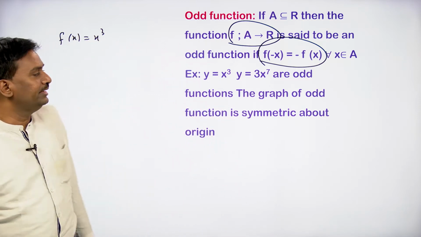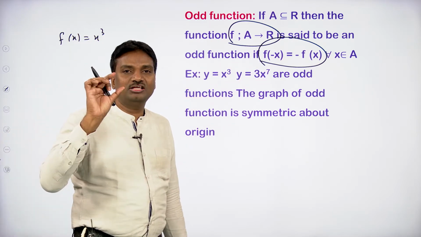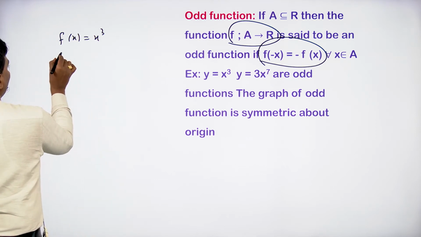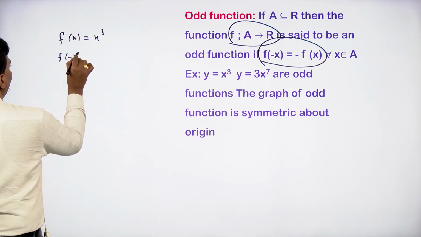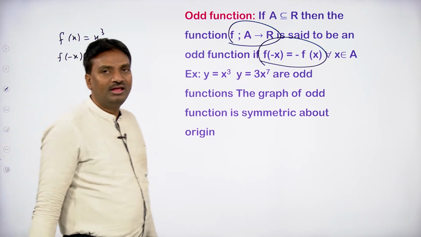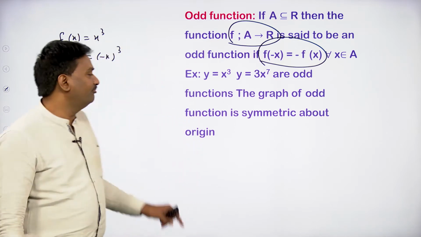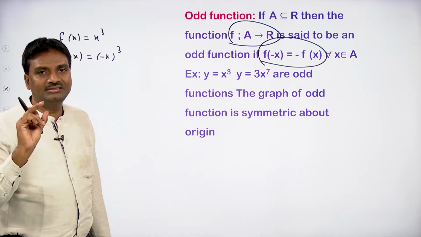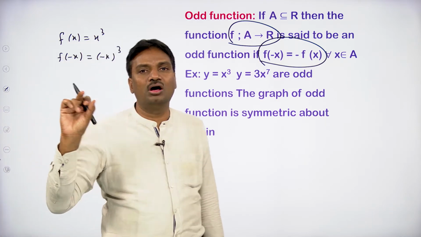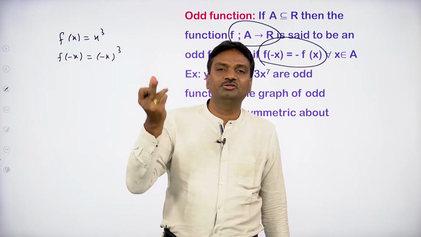If you take the function f of x as x cube, according to the definition, in place of x by writing minus x, we have to get minus f of x. So f of minus x equal to minus x whole cube. Here the power of minus x is 3, so that is an odd number. Minus 1 power odd number is always minus. Minus 1 power even number is always positive.